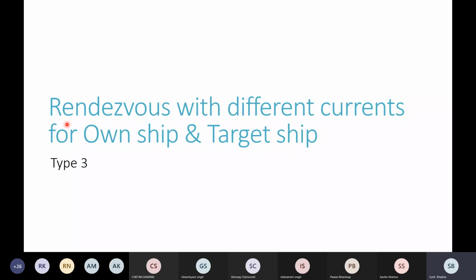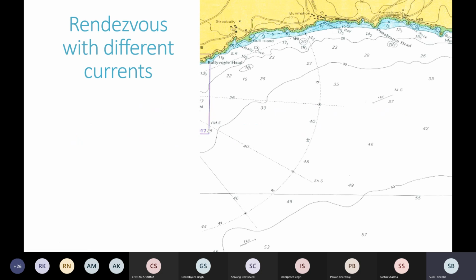Let's now move on to the third type of rendezvous, that is rendezvous with different currents for own ship and the target ship. Now, before we begin, let me tell you that this is a very unrealistic kind of scenario, that you are having a different current in your ship position and a different current in the target ship position.